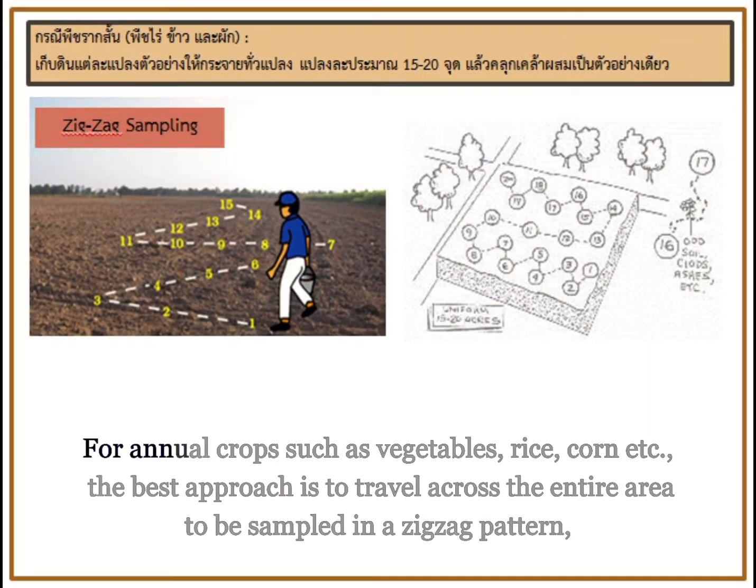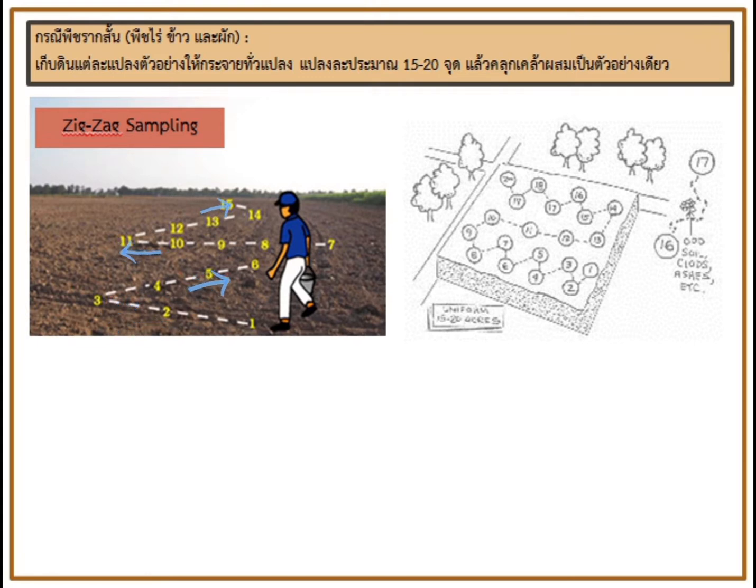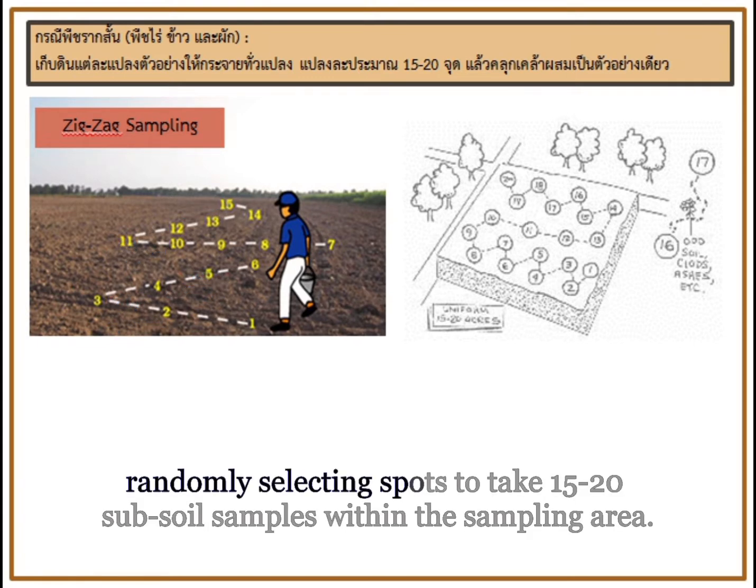For annual crops such as vegetable, rice, corn, the best approach is to travel across the entire area to be sampled in a zigzag pattern, randomly selecting spots to take 15 to 20 subsoil samples within the sampling area.